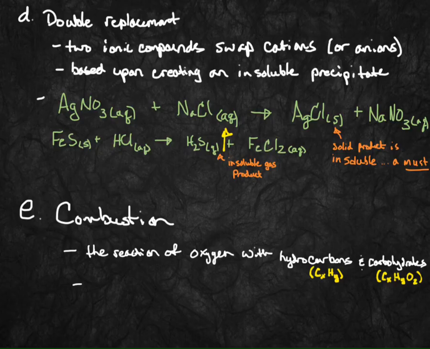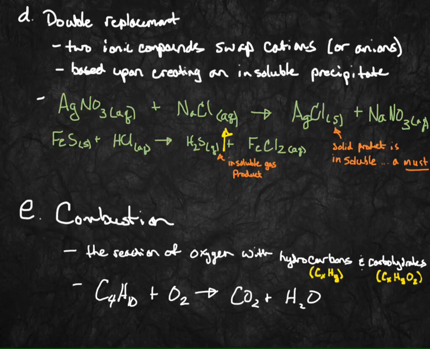Now, they always produce. So here we have butane reacting with oxygen to make carbon dioxide and water. The butane, C4H10, is usually a liquid because you see it in your butane lighters, your Bic lighters. And when it burns, it creates CO2 and H2O.